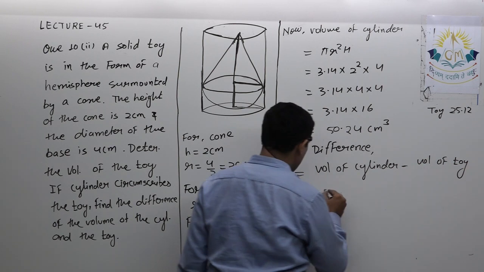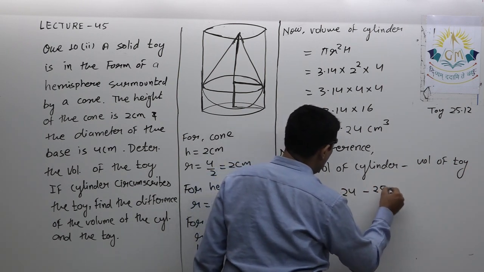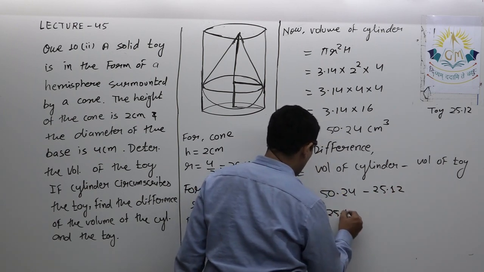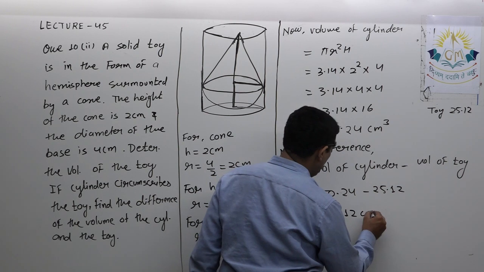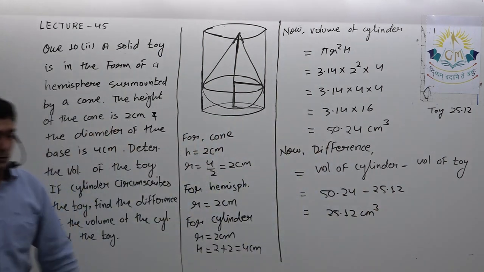Volume of cylinder is 50.24, volume of toy is 25.12. So their difference is 25.12 centimeter cube. Okay, so please note it down up to this point.